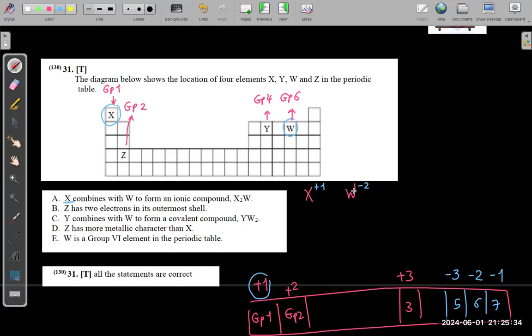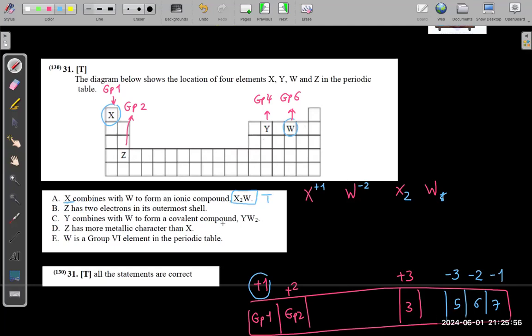If the numbers are the same, I cancel them out. If they are different, I switch them. So X takes the 2 and W takes the 1. I don't write the 1, so the compound becomes X2W.